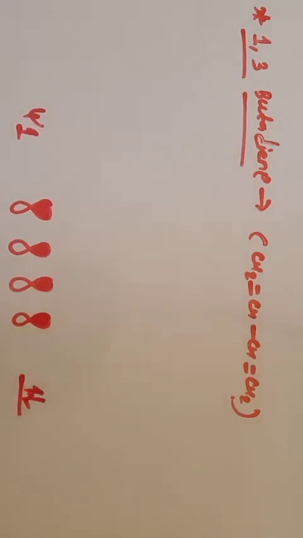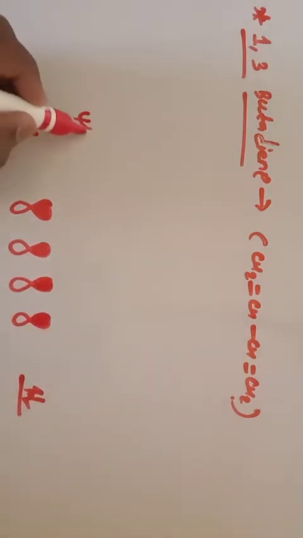So 2 electrons go here. Psi1 contains 2 electrons. The orbital that holds the last electron is your HOMO, and the orbital that does not have any electron is your LUMO, that is the lowest unoccupied molecular orbital.